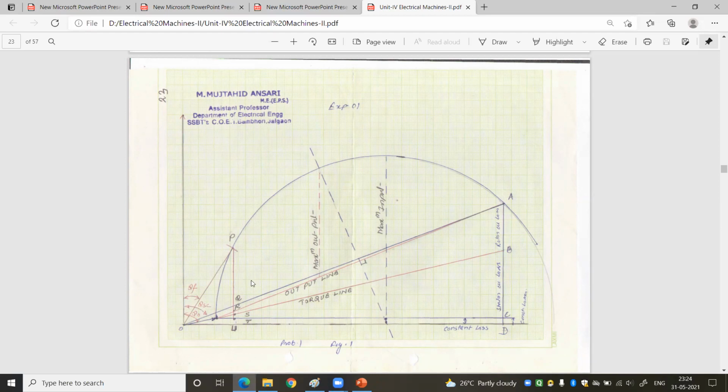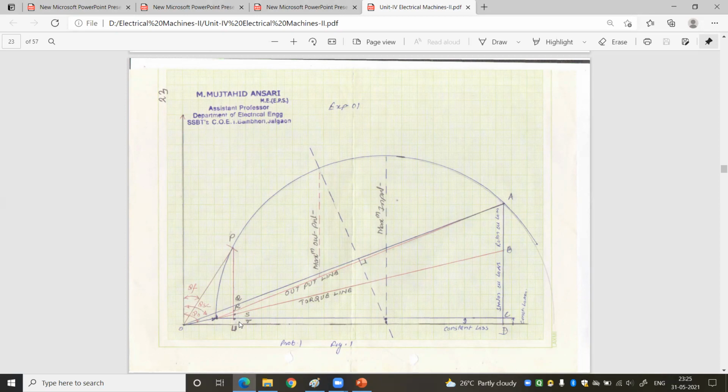If you draw a line from the intersection of full load current on the circle parallel to the y-axis, from this one we are going to calculate the different parameters from the circle diagram. The distance between these 2 points is R to S, the full load rotor copper loss, whereas S to T is the stator copper loss.